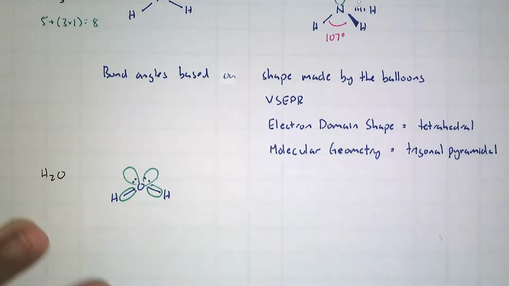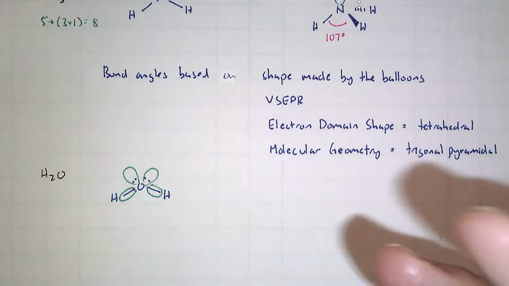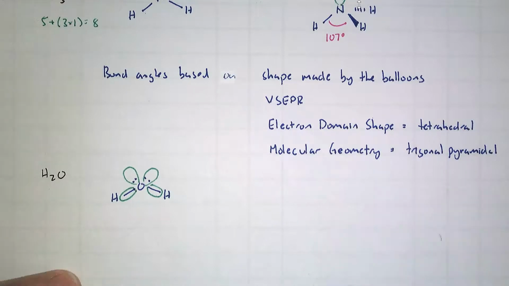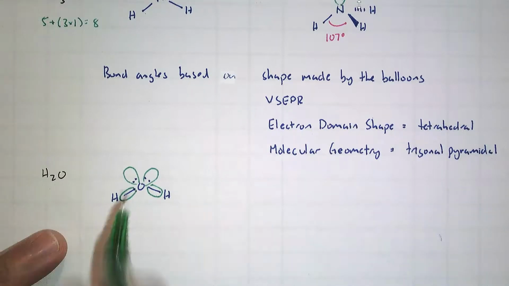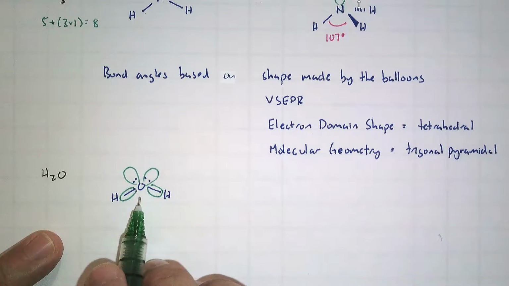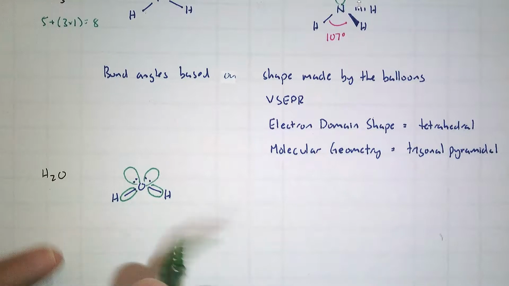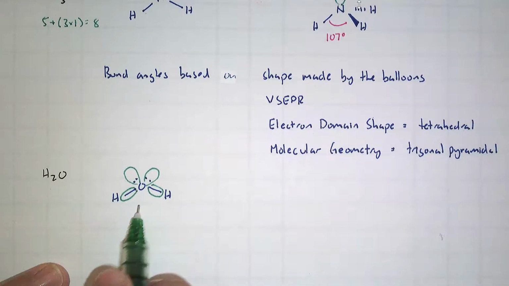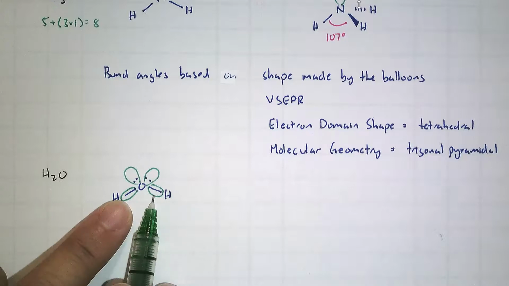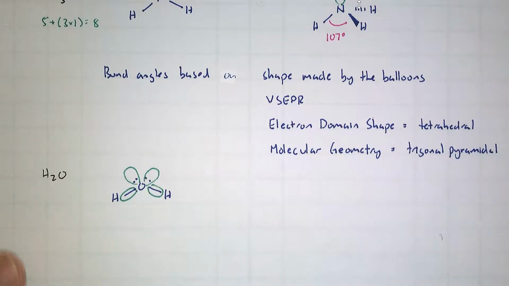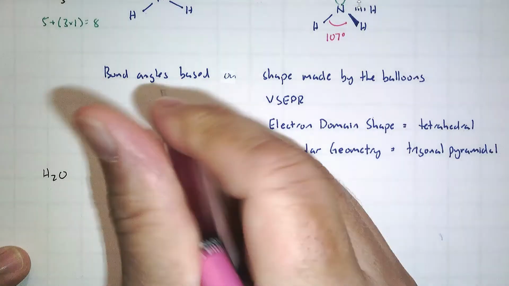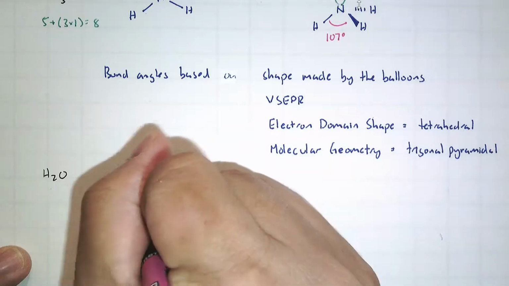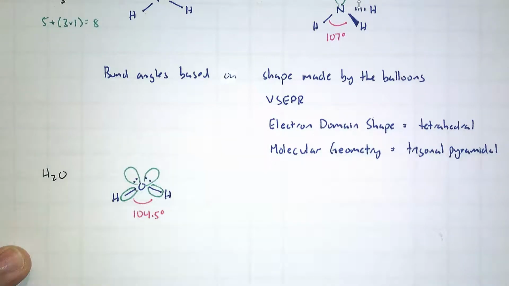Again, in a future video, we'll get all of this in a table, perhaps, and get it all organized. But right now, we're worried about the angles and deviations. So normally, for 4 balloons, you would expect 109.5 degrees, but because lone pairs push harder away from bonds, hence pushing the bonds closer together, this bond angle is less than 109.5, and it is around 104.5 degrees.